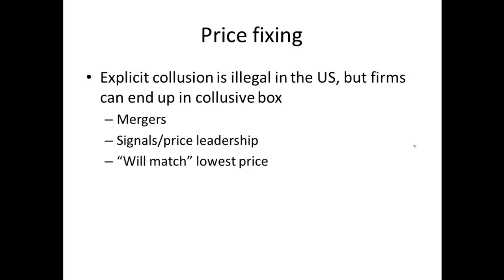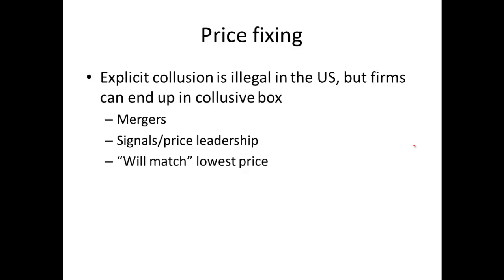A second way is you could call signals or price leadership, kind of harking back to our dominant firm model. But think about this. Suppose you're a big firm and you have a rival. When your rival raises his or her price, how should you think about that? One way to think about that is that they've raised their price. Maybe I should keep my price low and try to take a lot of business. Of course, that's what they're afraid of when they think about raising their price. Another way for you to think about them raising their price is that it's like an olive branch.